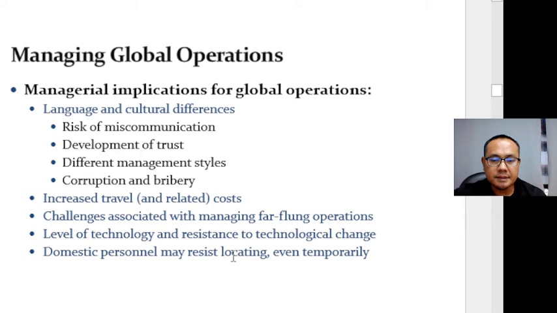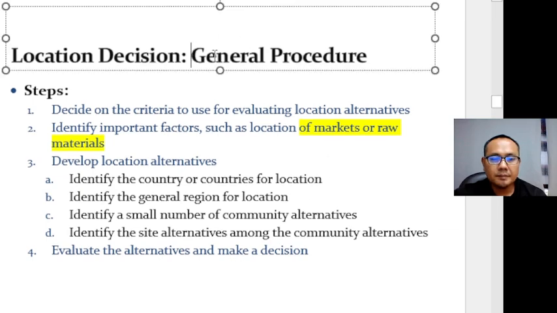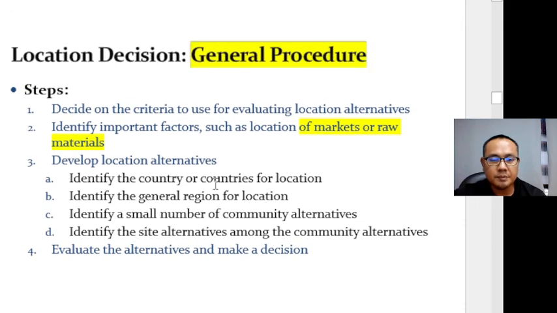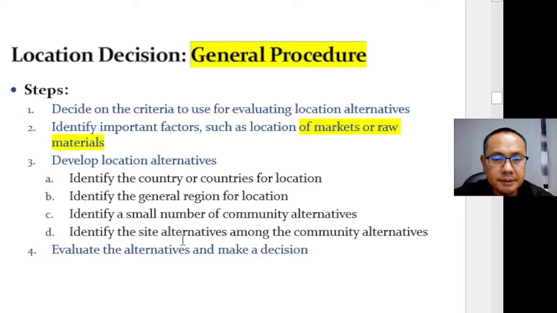Domestic personnel may resist relocating, even temporarily, right? Yeah, please remember this is only a general procedure for location decisions. Maybe you can use some of them as a guideline for us to consider while making the right location decision.